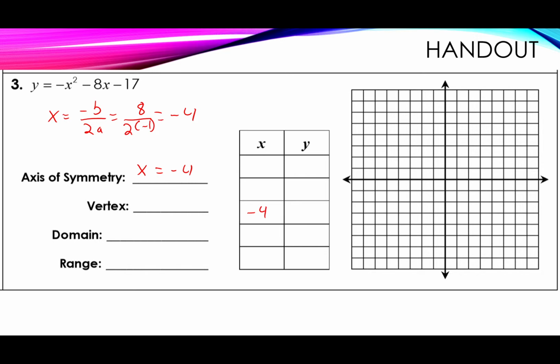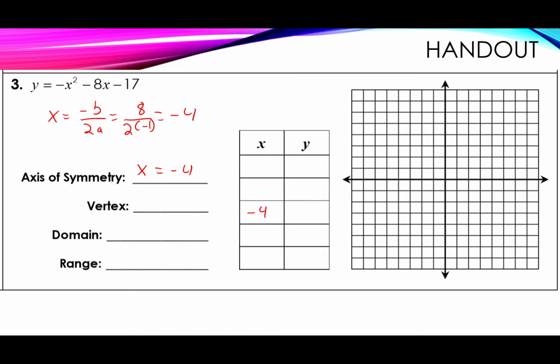Going to find what my y value is now by plugging in -x² minus 8x minus 17. Alright, clear out anything that you might have in your calculator by just pressing the clear button, or you can actually write over it, and then delete anything at the end.